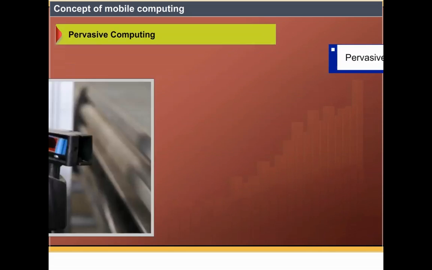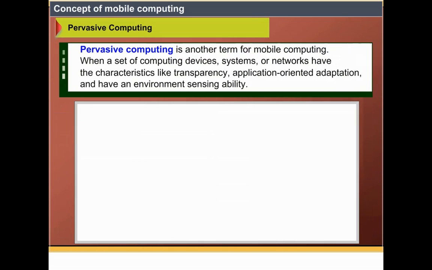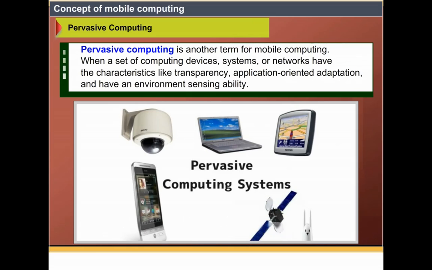Pervasive computing. Pervasive means existing in all parts of a place or thing. Also called pervasive computing when a set of computing devices, systems or networks have the characteristics of transparency, application-aware adaptation and environment sensing ability.